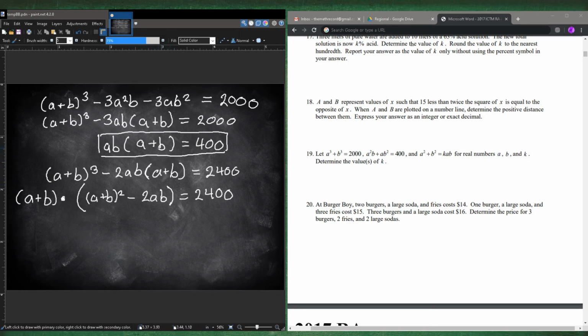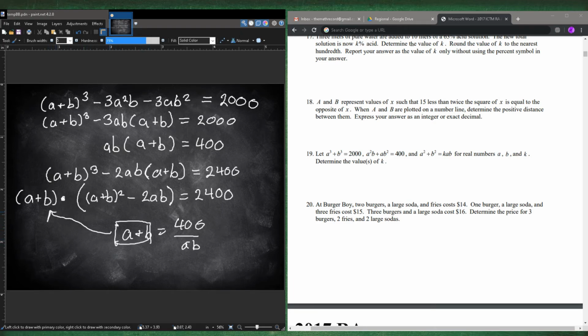So if we divide both sides by ab, that means we get that a plus b is equal to 400 divided by ab, right? And now let's substitute this term into here. So that's 400 over ab times, what does this expand out to?